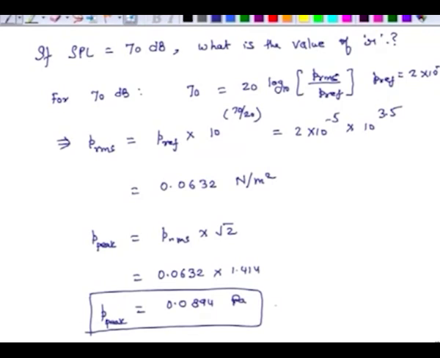Okay. Now, we use this in the relation for pressure, and from that we can figure out the value of P. So, we know that p of r, omega t equals real of P plus divided by r times e to the minus j omega r over c times e to the j omega t.